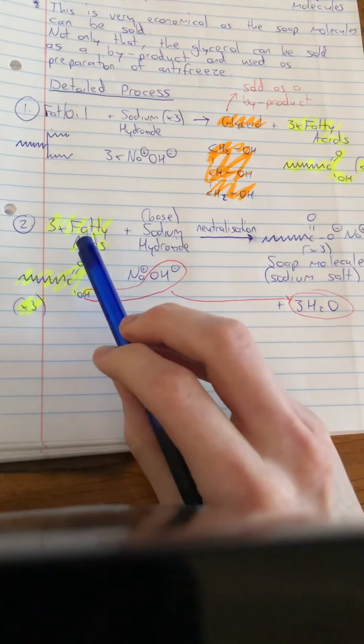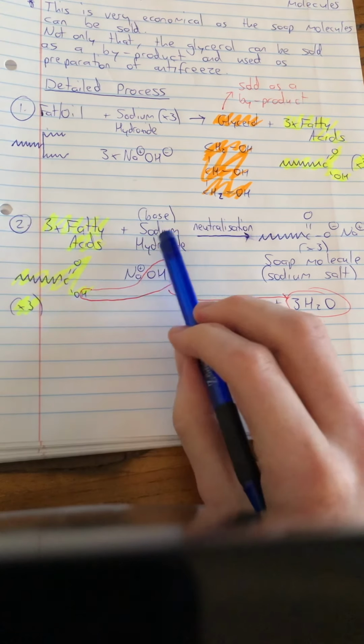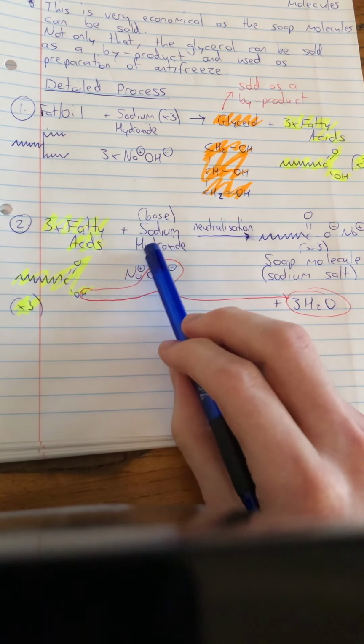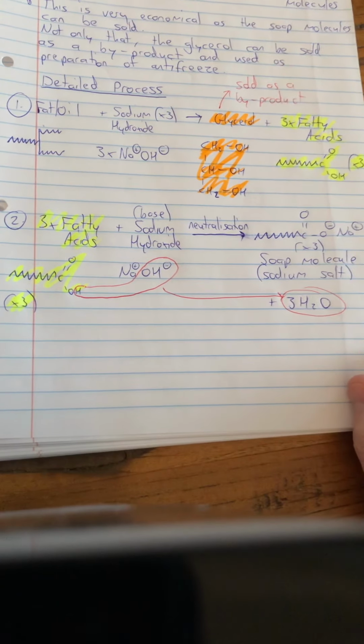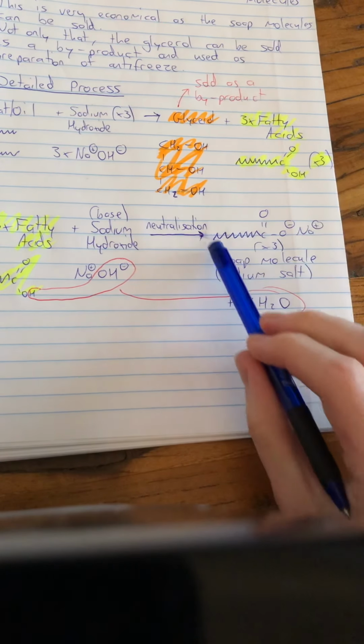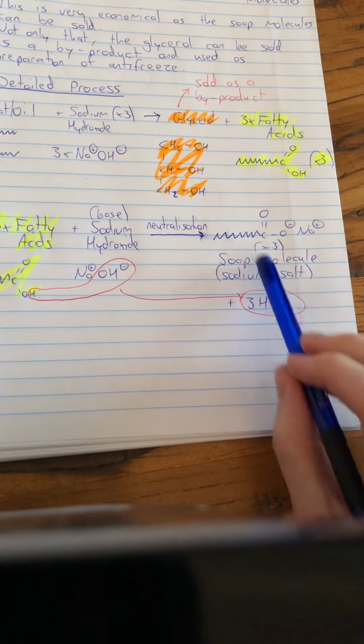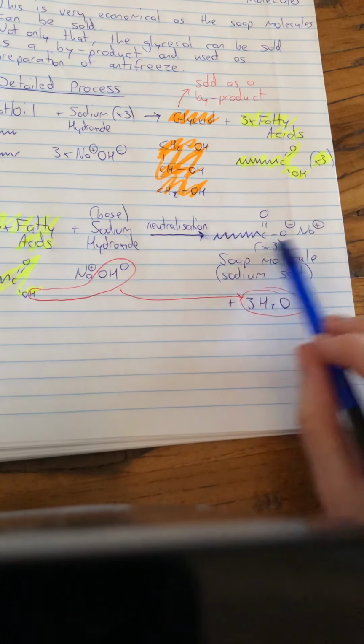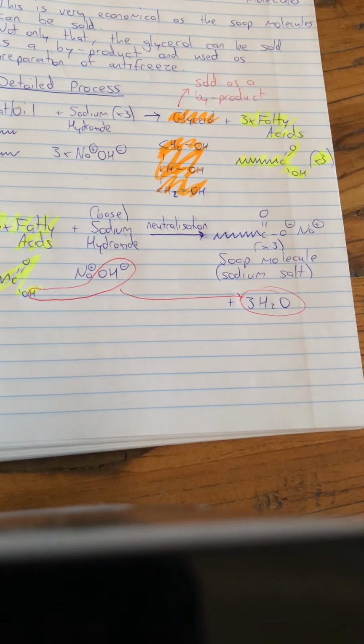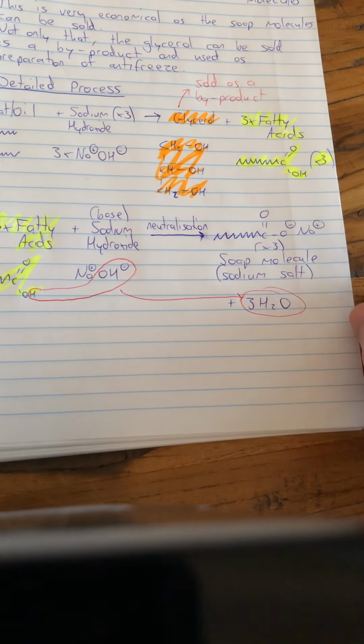And if we take those 3 fatty acids and we neutralize them with sodium hydroxide, we're going to create this long-chained sodium salt, and that there is your soap molecule. That's what soap is. It's a long-chain sodium salt.